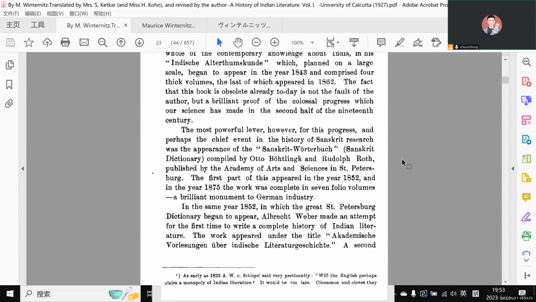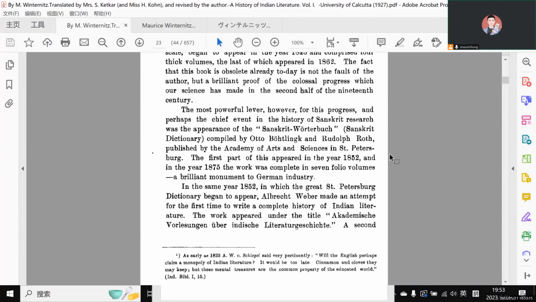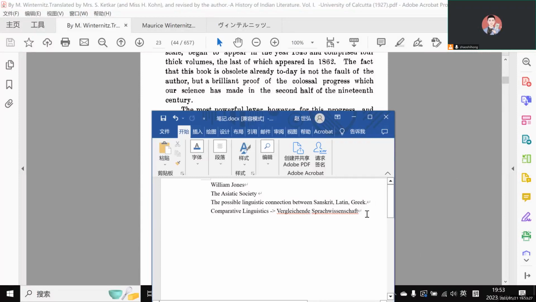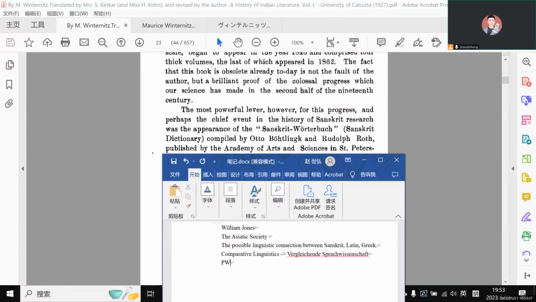Okay, next person may be important. This one. I think most of you know this dictionary, the Sanskrit Wörterbuch, or in abbreviation, PW, the Petersburg dictionary, the Petersburger Wörterbuch.